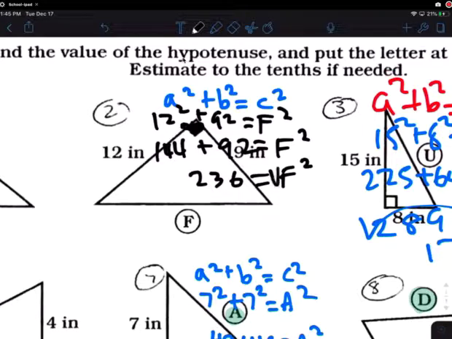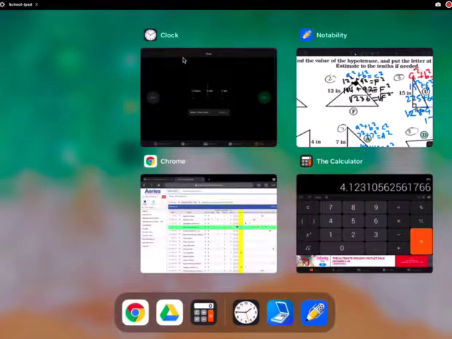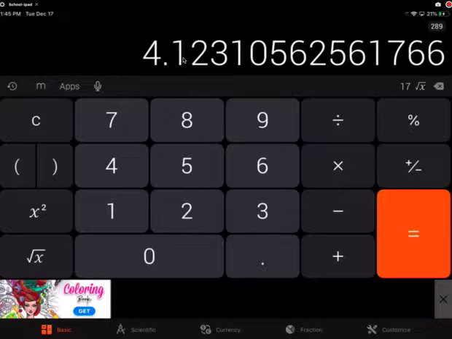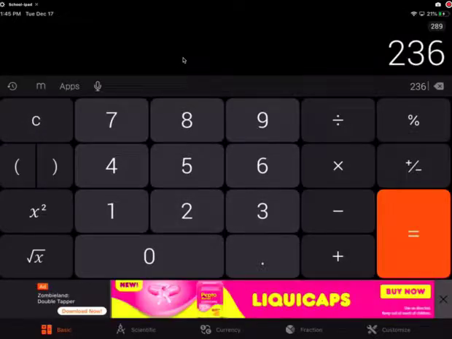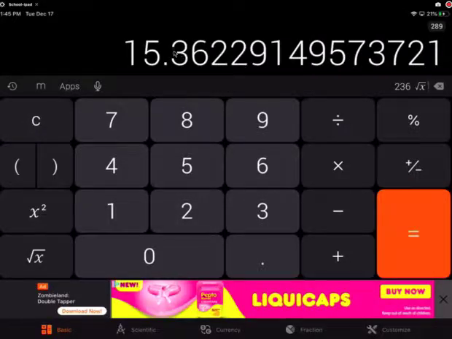To find f by itself, take the square root. Got 15 point, okay, 236, take the square root. 15.3, this is a 6 here, the 3 becomes a 4, goes up 1.